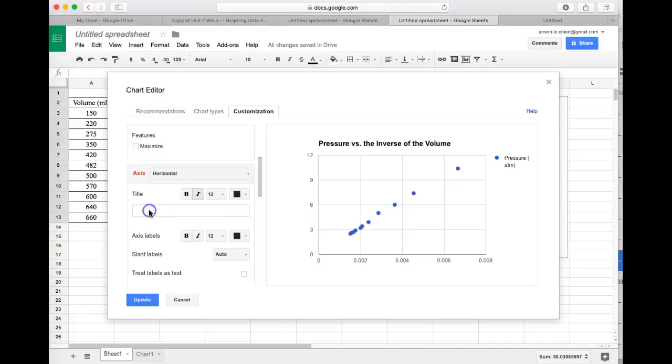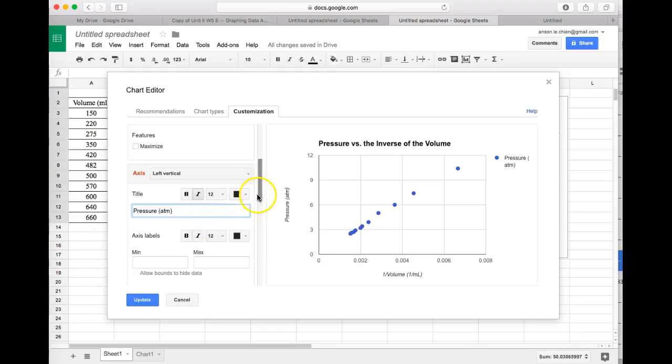We're going to enter the title of the horizontal, the x-axis, and we're going to call it 1 over the volume, and the units are 1 over milliliters. And enter. And now we're going to name the vertical axes as pressure. That didn't change. And the units, atmospheres.